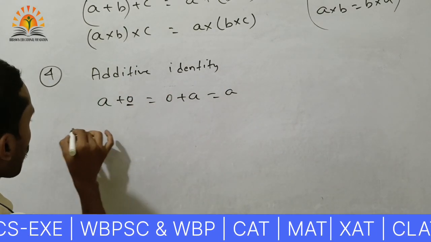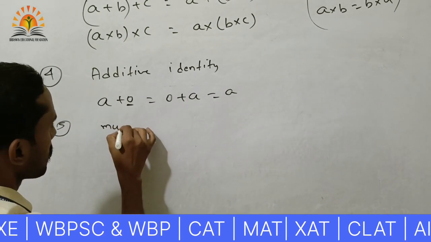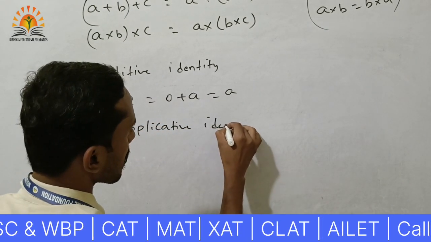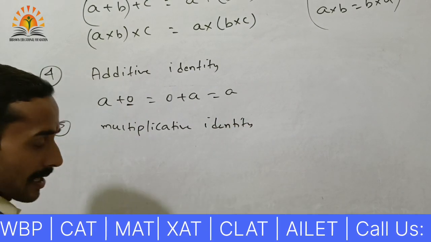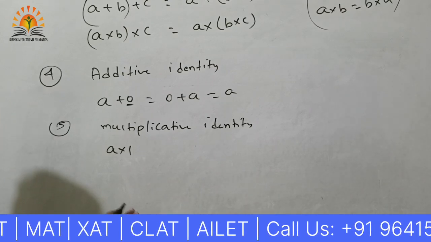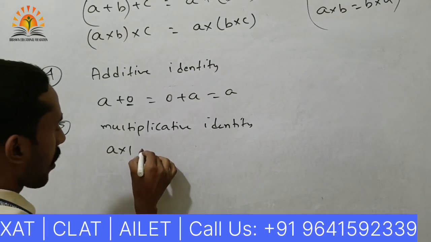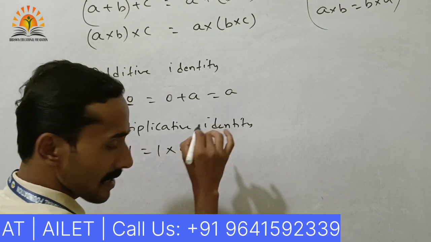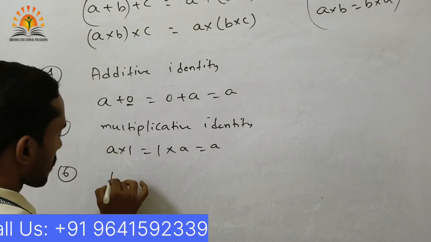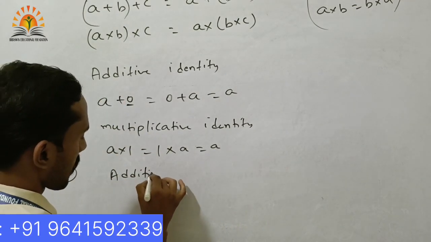Clear? And what about multiplicative identity? A multiply 1: if we multiply with 1, the value will never change, or 1 multiply A, it gives the same result. Clear?